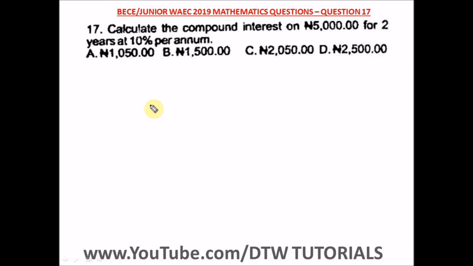Question 17 of the BECE Junior WAEC 2019 mathematics past question. It says calculate the compound interest on 5,000 naira for 2 years at 10% per annum. Okay, we have to calculate compound interest. Now this is for 2 years, so it means we're going to find the interest twice.